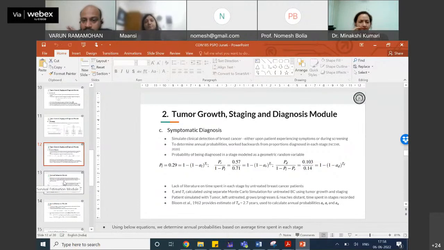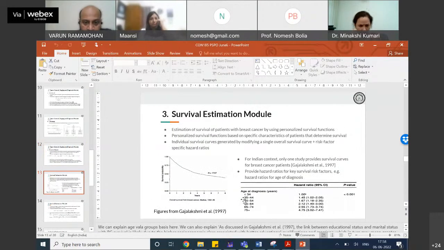Same thing is what we've done in the case of survival as well. Now, if you look at OECD countries, like the US or the UK or Scandinavian countries, they have survival curves specific to each of these age groups that are published. That is clinically collected. In the Indian context, we don't have that.